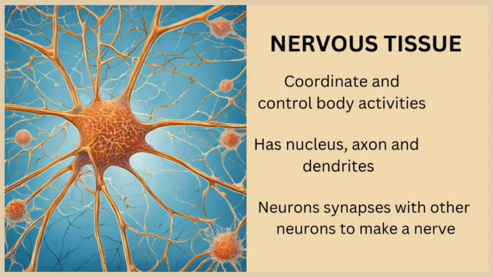Nervous tissue coordinates and controls many body activities like sensation, movement, emotions, memory, and reasoning. Nervous tissue is excitable and responds to electrical stimuli. Impulses are sent along a series of nerves at about 300 mph.